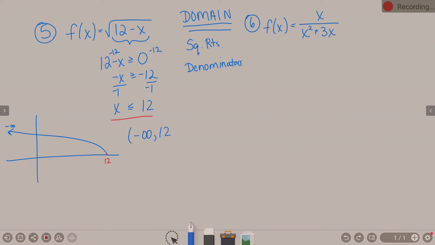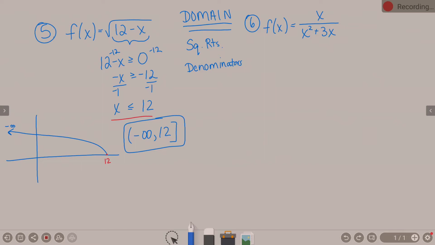It ends at the x value of 12. Remember, domain is always in terms of x's. Is that 12 a parenthesis or a bracket? A bracket, because 12 is part of that graph. That is a point on the graph. Okay, does that help a little bit on 5?